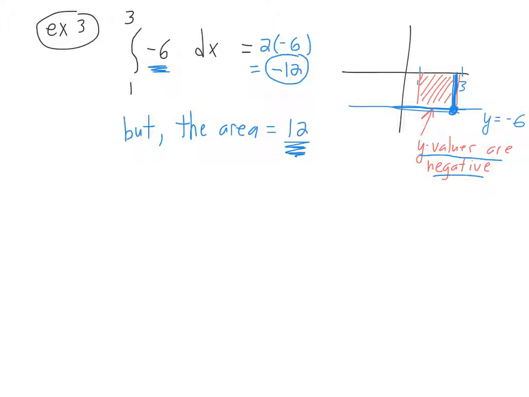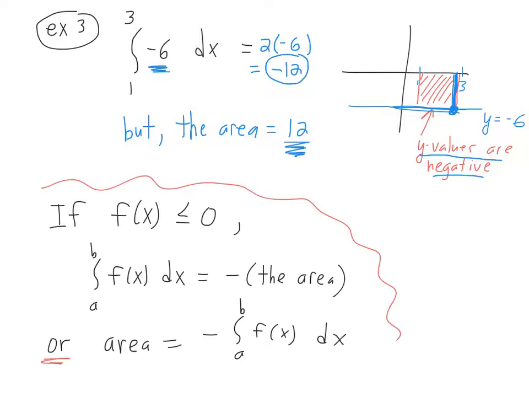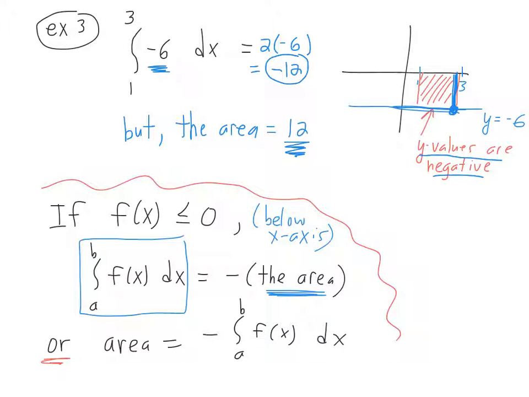All right, so now let's generalize here. So we can say that if our function is less than or equal to 0, so meaning it's below the x-axis, then the definite integral here is always going to end up being the negation of the actual area.